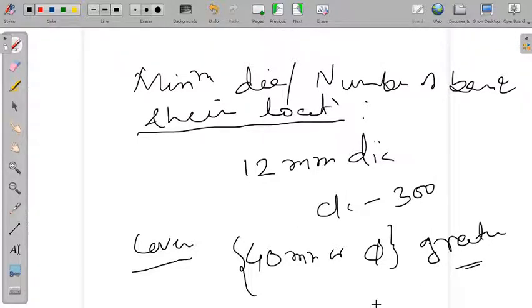However, some exceptions are there. When the least lateral dimension is less than 200 mm, whose reinforcement does not exceed 12 mm, in that case a clear cover of 25 mm is accepted.